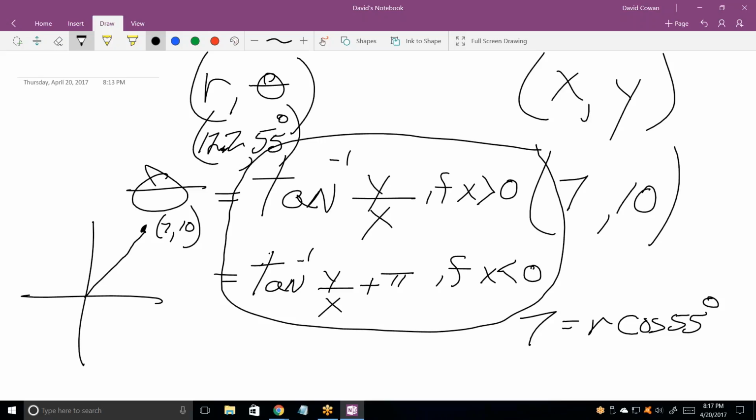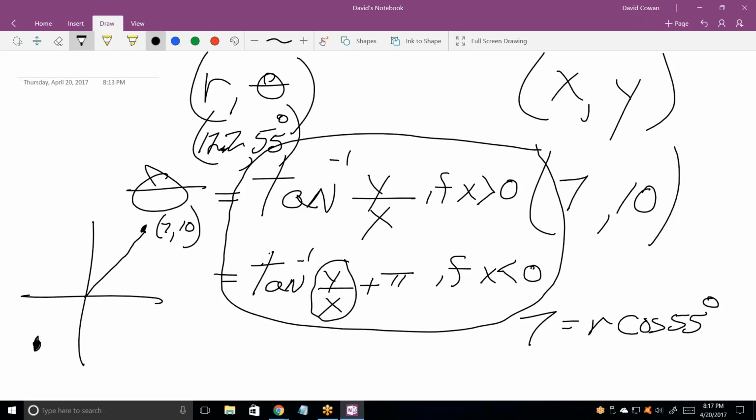In other words, if both y and x are negative, well, I'm in the third quadrant, right? That's why I got to add pi to it. Because if both of them are negative, I'm going to have the inverse tan of a positive number, and that's going to give me a first quadrant angle.